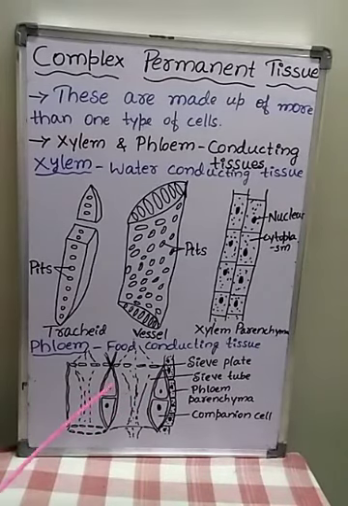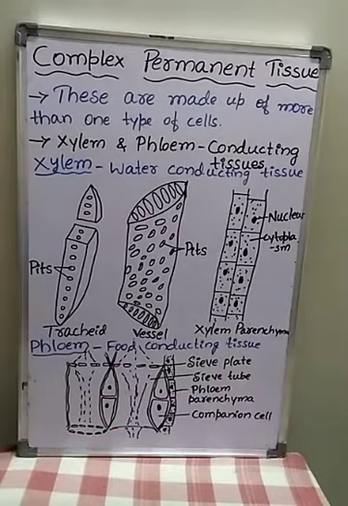Hence, the sieve cell and companion cell are called sister cells.